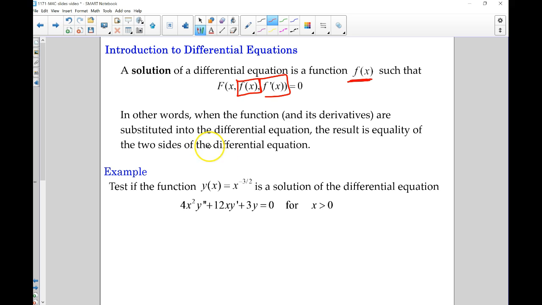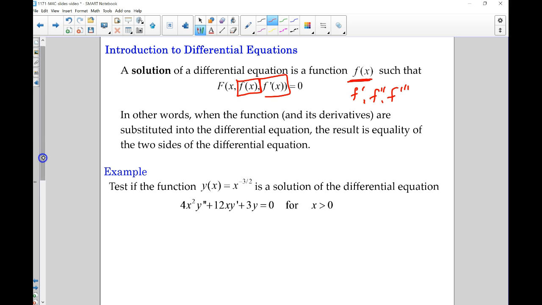So we have to substitute f in, and we may need to compute f prime, or f double prime, or even the triple derivative. But we need to substitute what we believe the solution is into the equation to see if we get a true statement as a result.